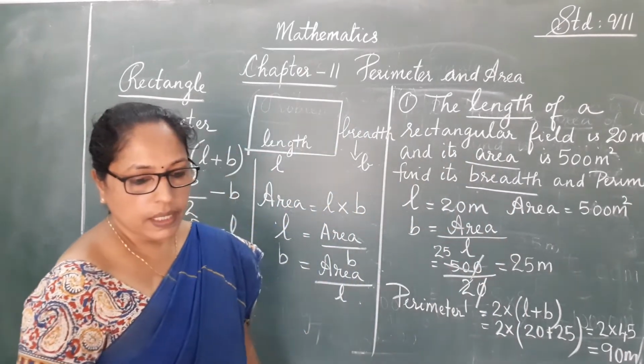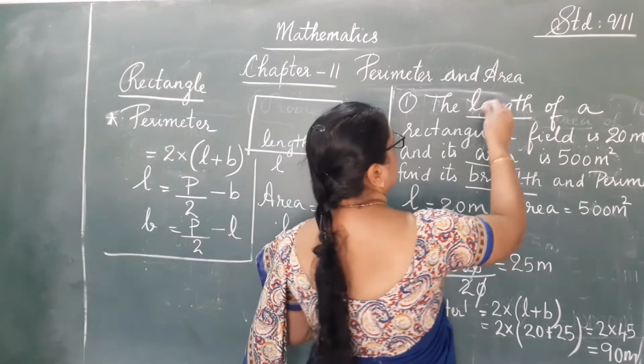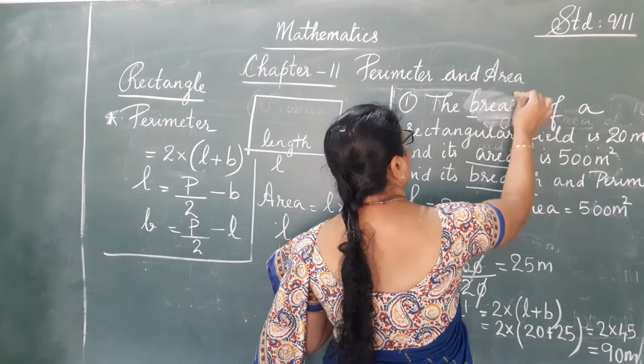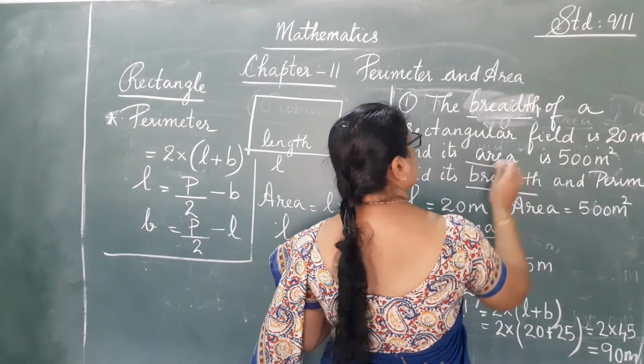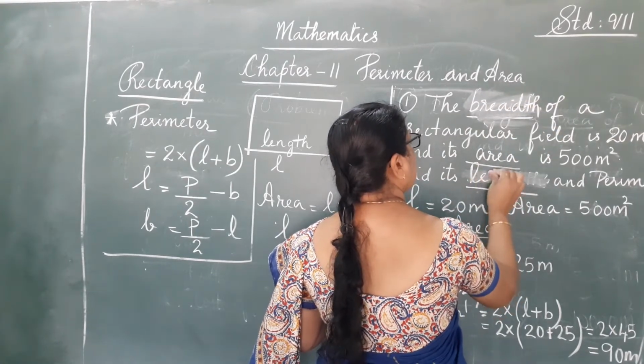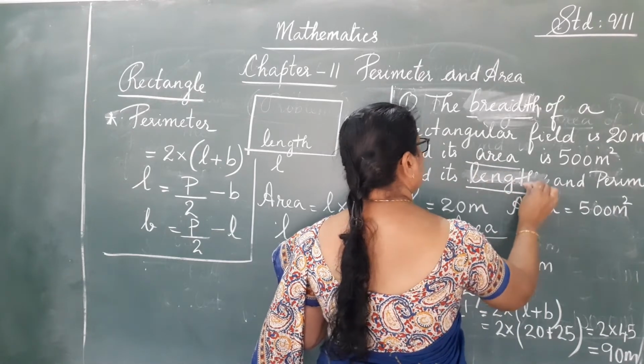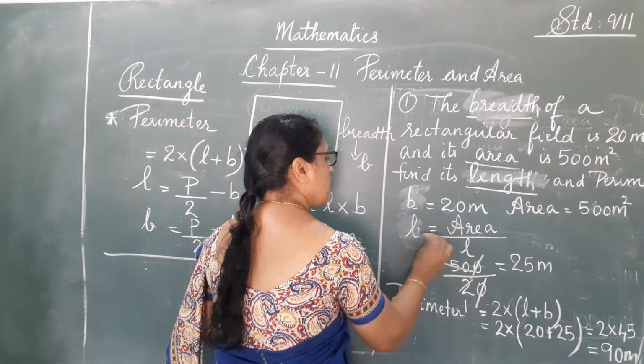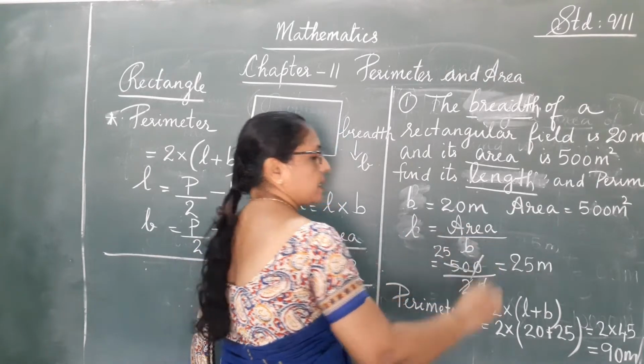Okay, I made a mistake here. This is breadth, please make the correction. Breadth is given, and we have to find out the length. The length is equal to area divided by breadth.